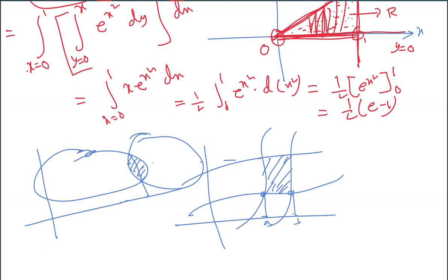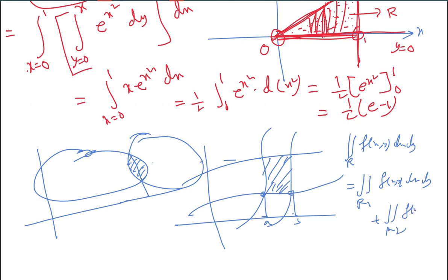Integration over R of f(x,y) dx dy is equal to integration over R1 of f(x,y) dx dy plus integration over R2 of f(x,y) dx dy, where R is equal to R1 plus R2. Is it okay? If we don't have any query, now let me stop here today.